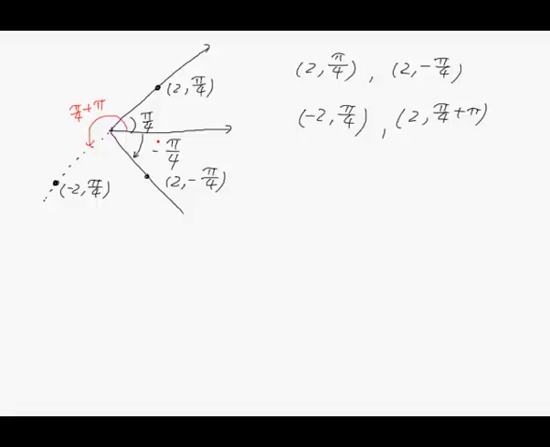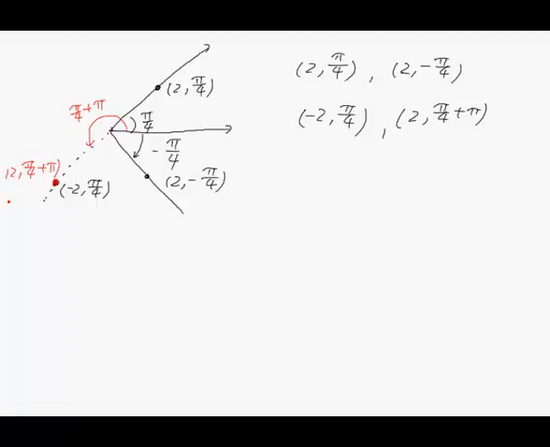And then you locate one point which is away from the pole by 2 units. So actually you got the same point as the negative 2 and pi over 4. So you can write its polar coordinates next to this point. You have the 2 and the pi over 4 plus pi.